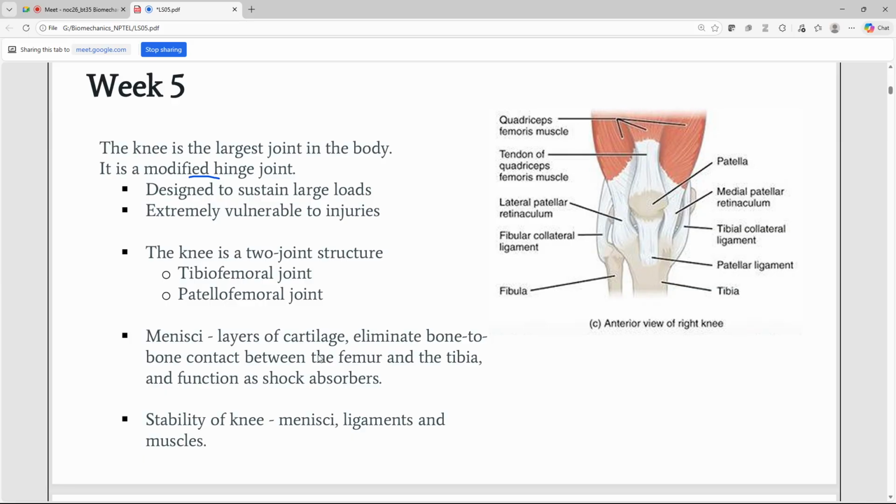So this is the main culprit, known as the meniscus, because each knee has two menisci. It is a layer of cartilage which acts as a buffer between two bones, and it also reduces friction and the wear and tear between the bones.